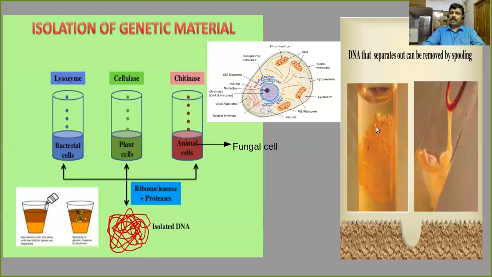This is actually the precipitated DNA in the form of thread-like structures. And finally, we can remove the DNA. The process is called spooling. As a result of spooling, what will we get? We will get the entire DNA of the cell.